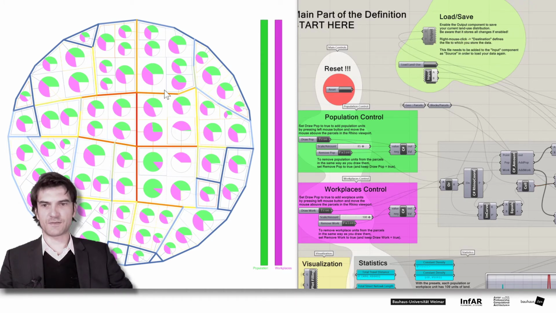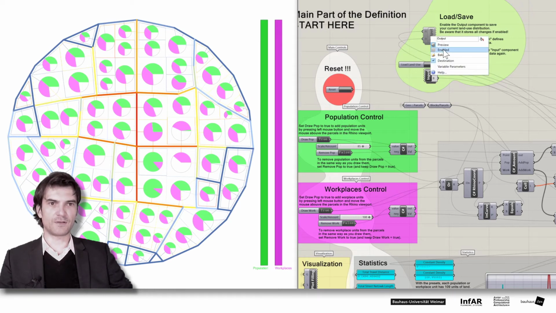To save this version of your pattern, what you have to do is to enable the output. Now your pattern is saved, and if you keep it enabled, it will save all changes that you make.